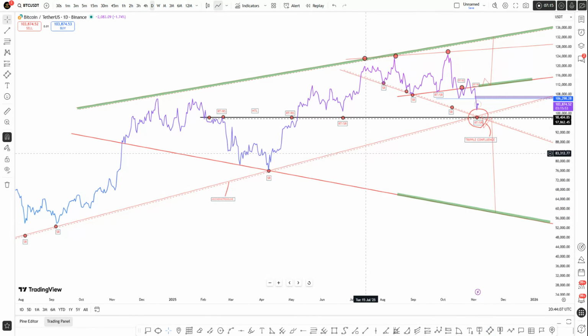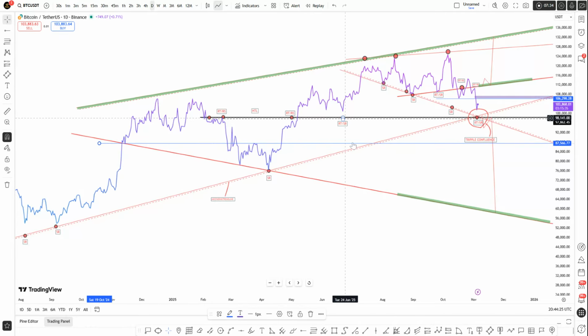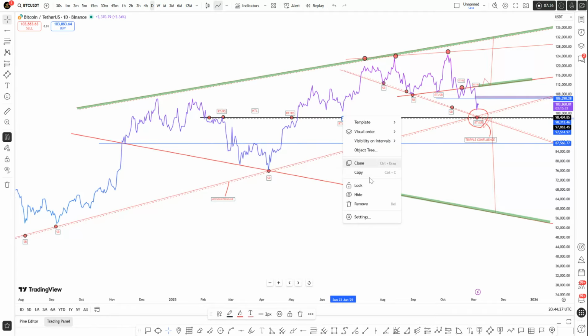I think price might find impetus somewhere around here. I see a technical level of impetus at this level. There is one here. Here is another level of impetus, which I see as very critical. It is a very strong level of impetus.